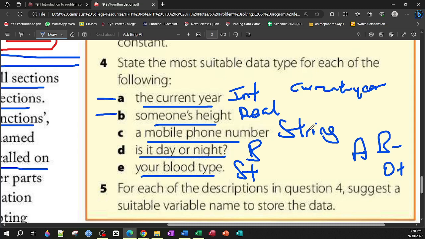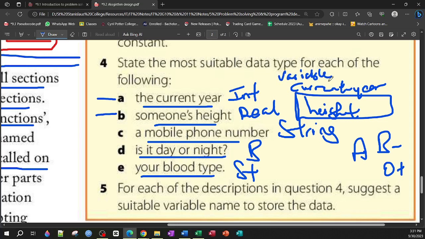You just say person height, or you could simplify it and just say height. Normally when we're storing data, even though height or price is going to be different for various items or different persons, that one variable is used for everything. Because remember, it's a variable. It's going to change for the different item, the different person, and so on.